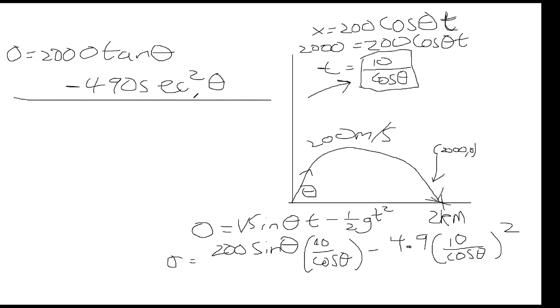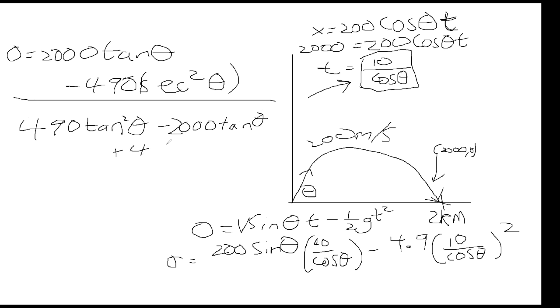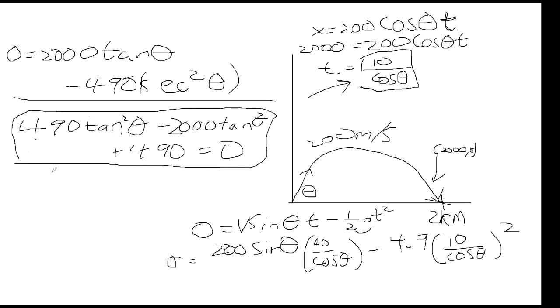Because we know sec squared is tan squared plus 1, we actually end up with a quadratic: 490 tan squared theta minus 2000 tan theta, and then plus 490 equals 0. Then you have a quadratic in terms of tan theta, and that lets you find the angle.